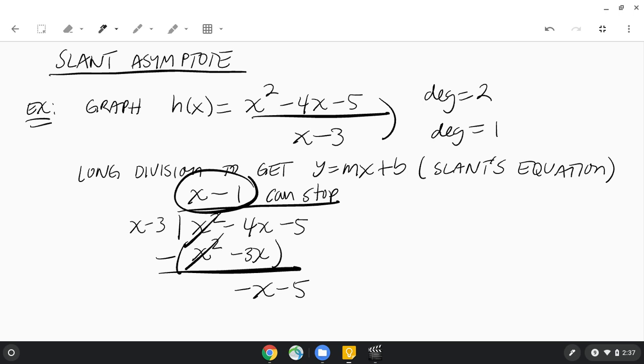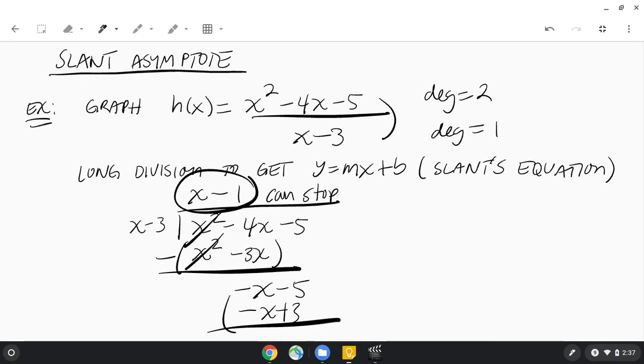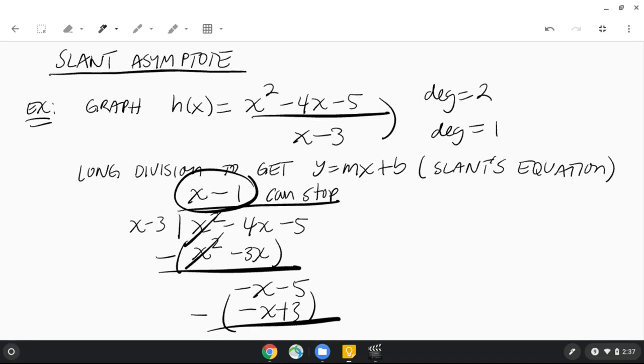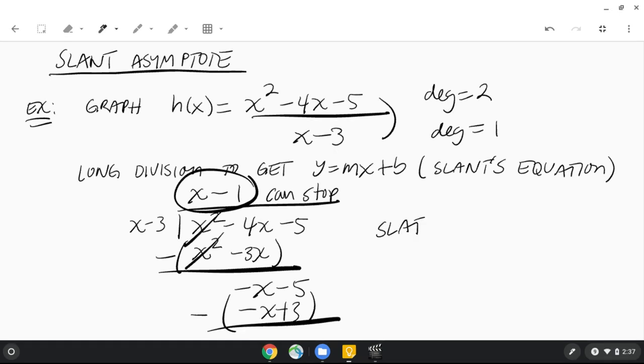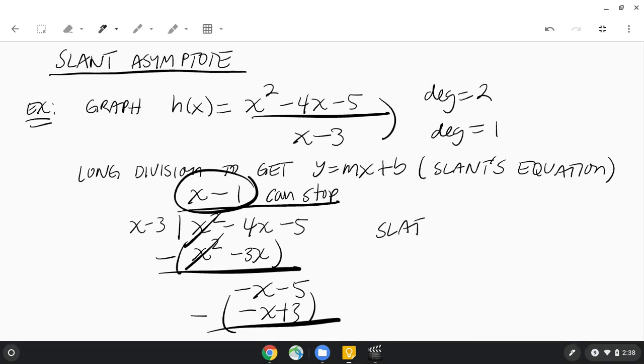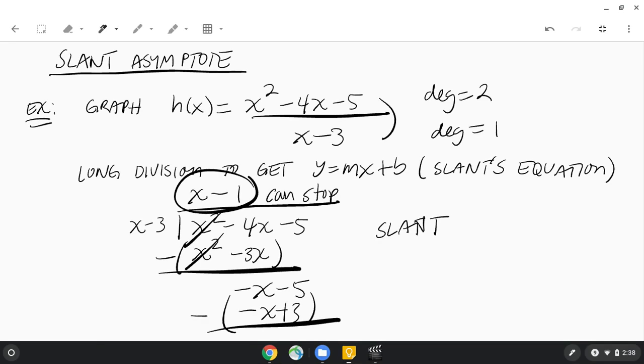You would get negative x plus 3, and you would subtract that, and so on. But you don't need all of that because you only need the mx plus b part. Okay, so your slant is going to be this equation, y equals x minus 1.